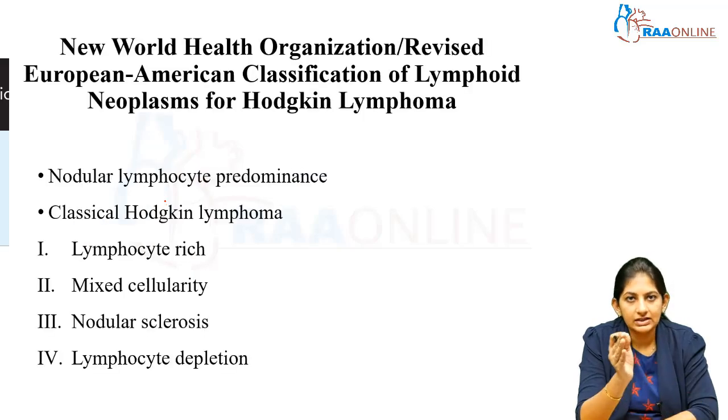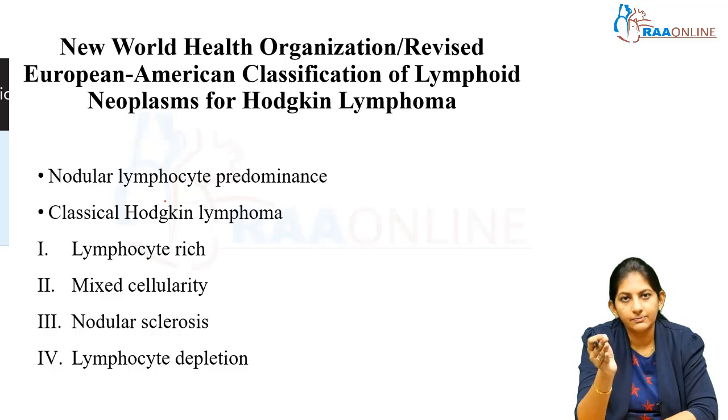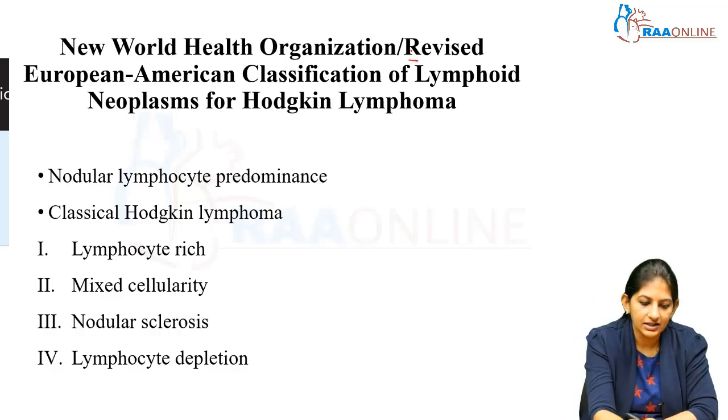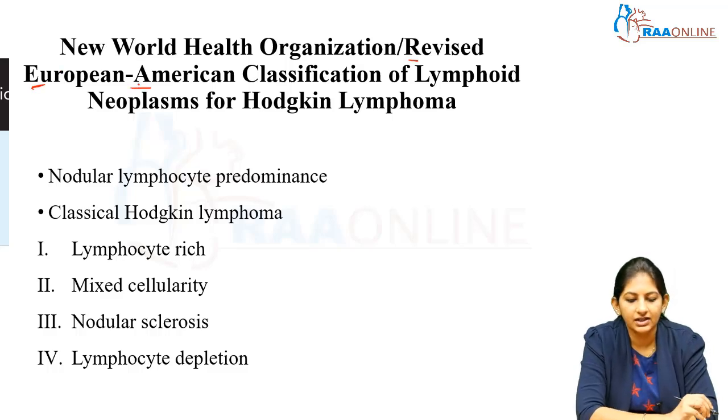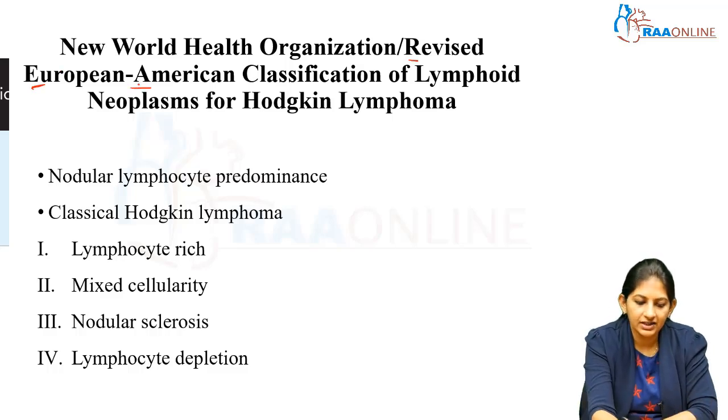So we have learned the classification of Hodgkin lymphoma from pathology, right? Now there is a new WHO classification, or the REAL classification, the Revised European American Lymphoma classification. Either you can call it the new WHO classification or the new REAL classification.